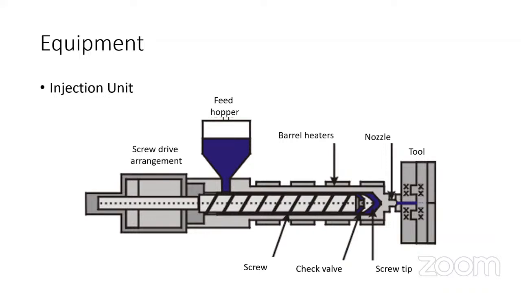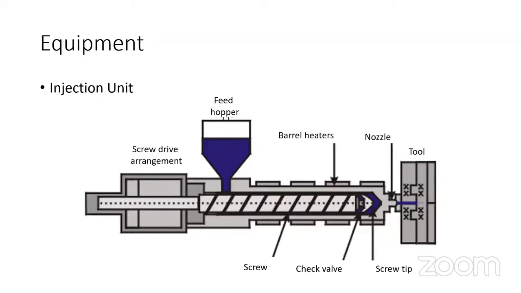What is the work of the injection unit? What is the function of the injection unit? It will plasticize the material in the barrel with the help of rotation of the screw and will inject the material by force into the mold. This is the main function of the injection unit.